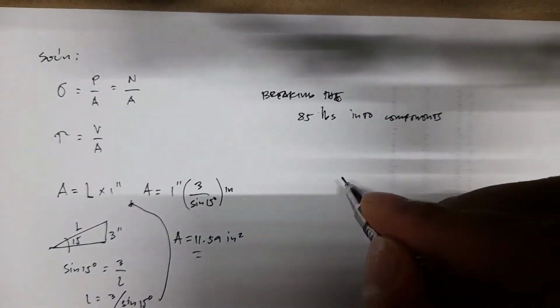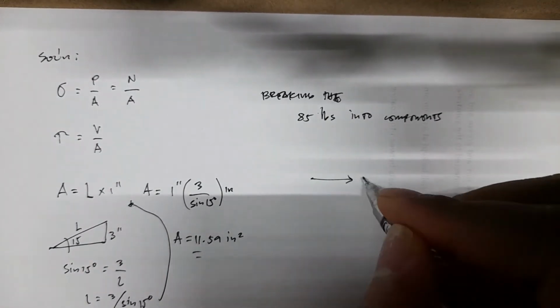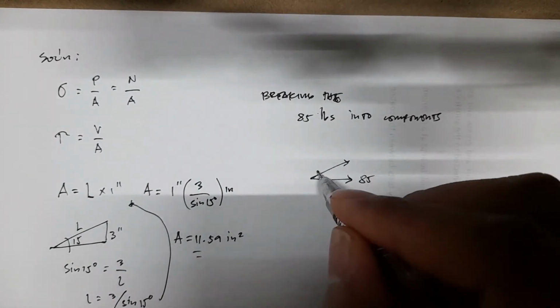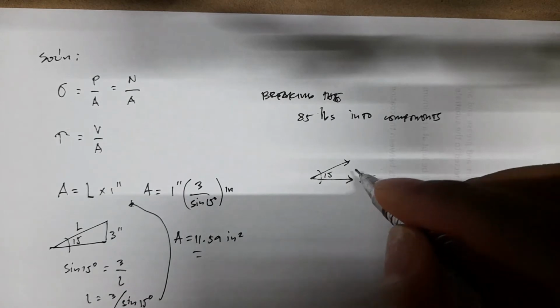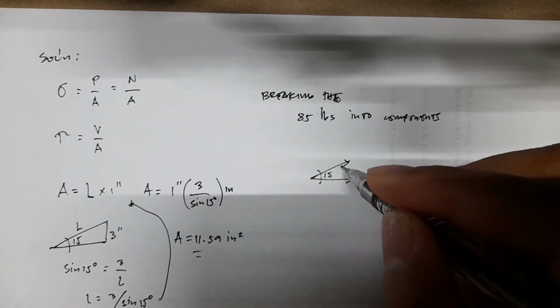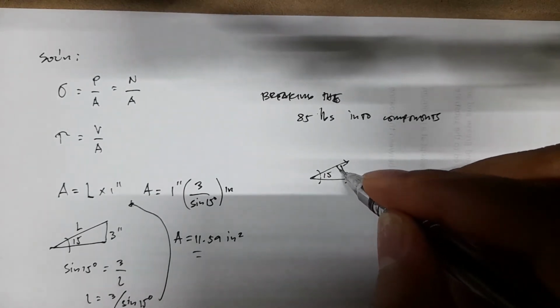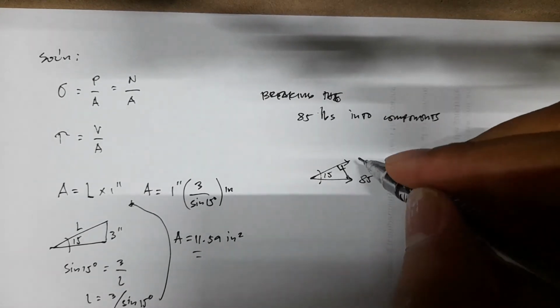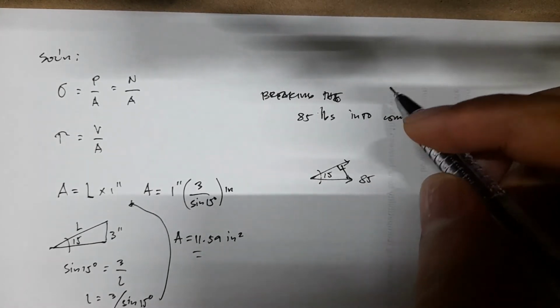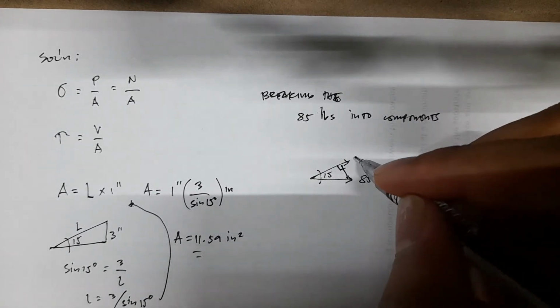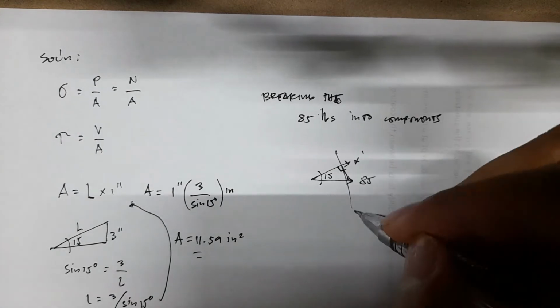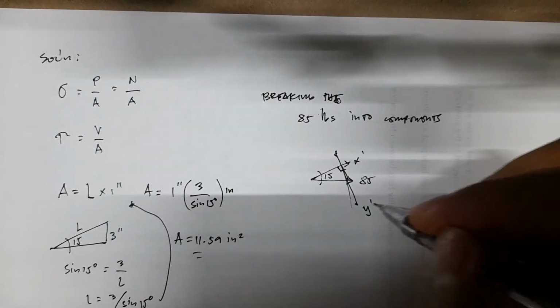We have horizontal 85, and we are solving this with 15 degrees, and this one is the 90. So this is now your 85 at the X prime axis, and this one is your Y prime axis.